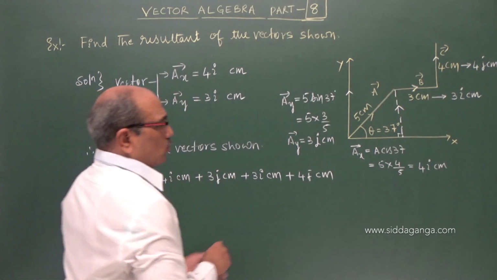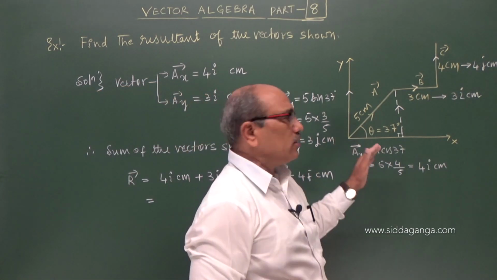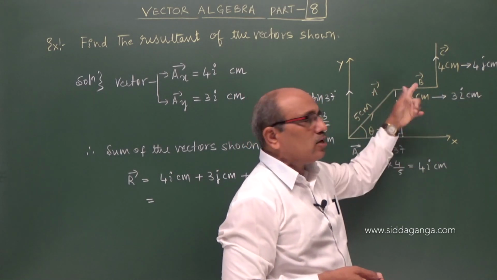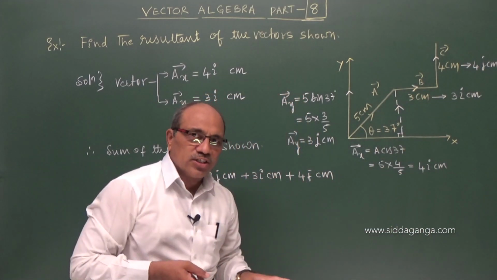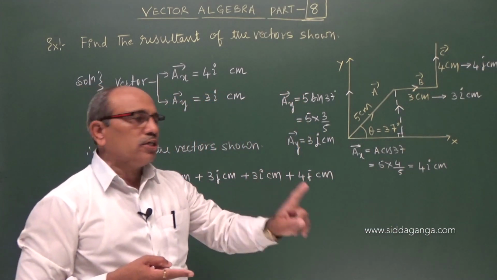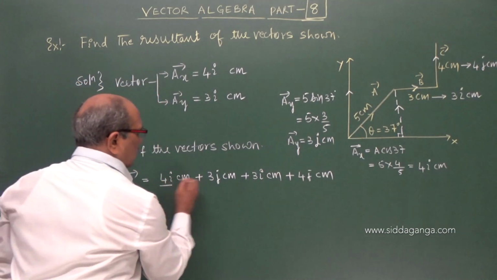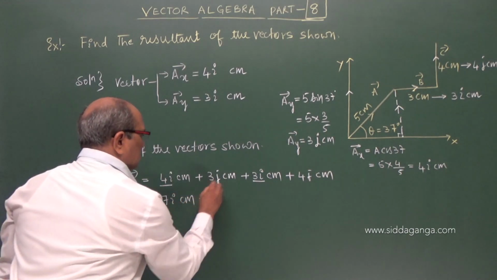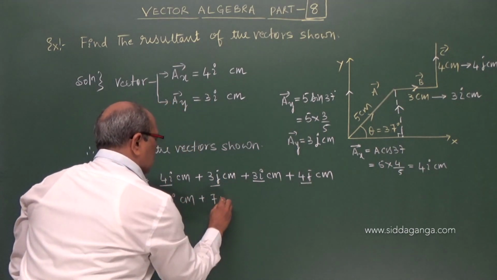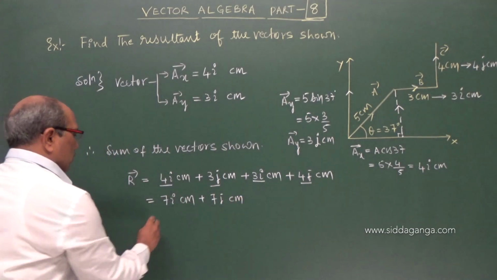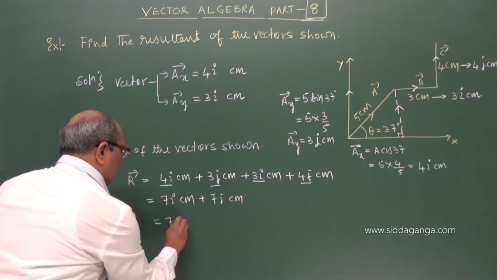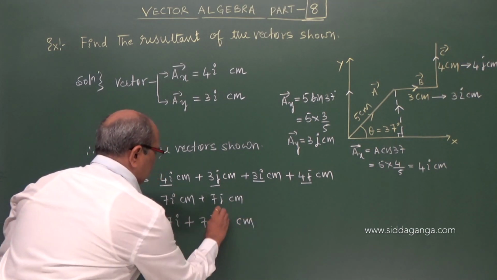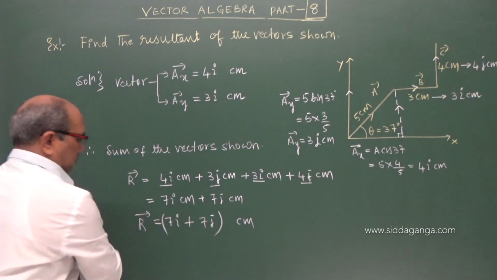As I told you, in addition, the x component can only be added to the x component and y to y; addition or subtraction is possible only with i to i, j to j. So here it is 4i plus 3i, 7i centimeter, plus 3j plus 4j, 7j centimeter. What we got is 7i plus 7j centimeter as the resultant.